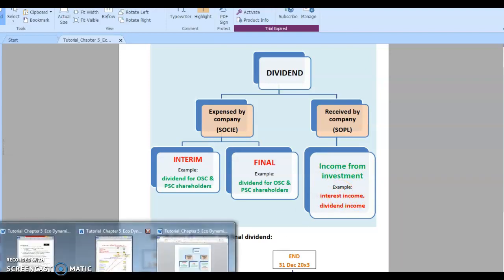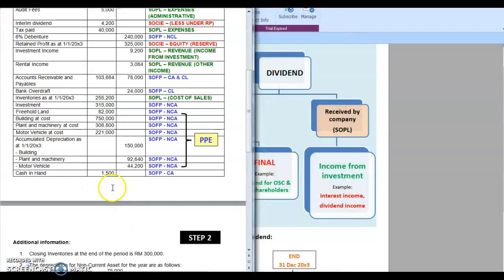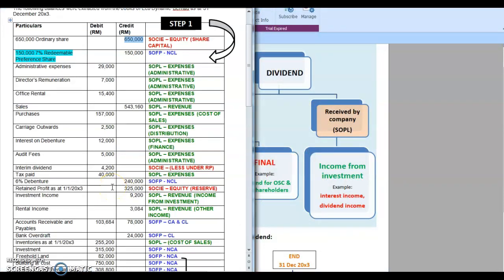You may go back to the question. In this question, the trial balance shows that the company has received investment income, but it does not mention whether it is in terms of dividend or interest. However, as we have learned, income from investment may be in the form of dividend or interest income.